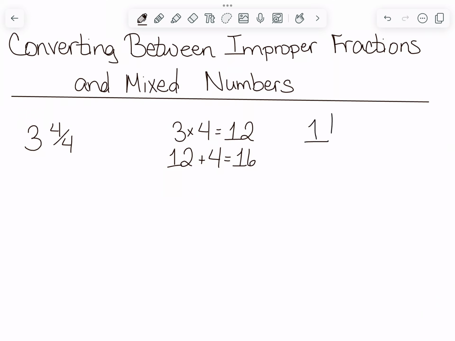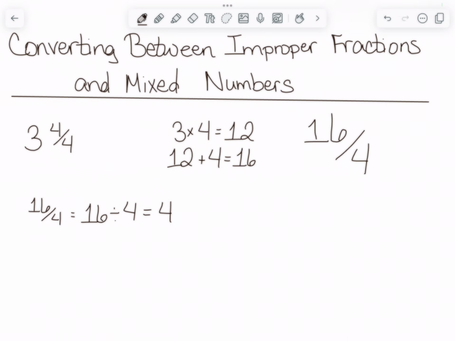So that gives us 16/4. And that is correct mathematically, but we need to look closer. 16/4 means 16 divided by 4, which is 4. So 3 4/4 simplifies to 4 wholes. When the fraction part equals a whole, we can just combine them.